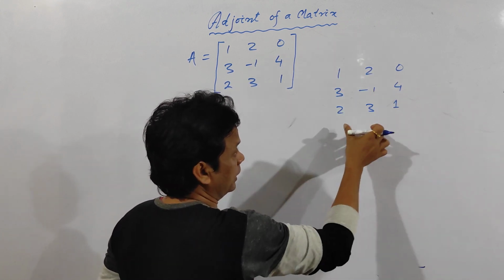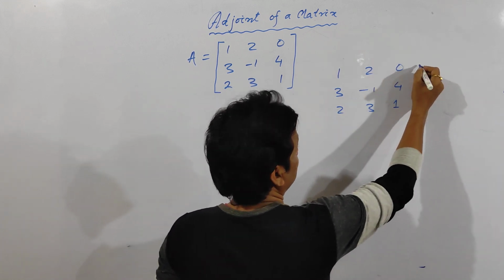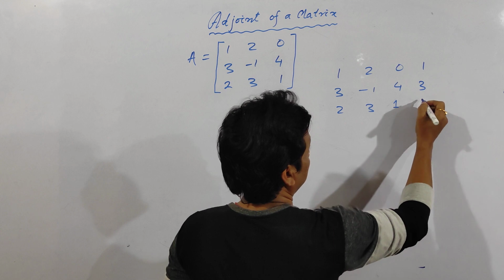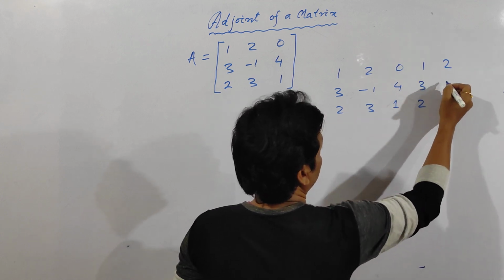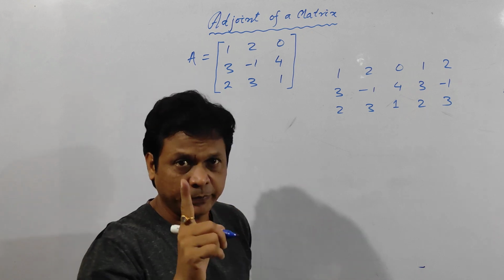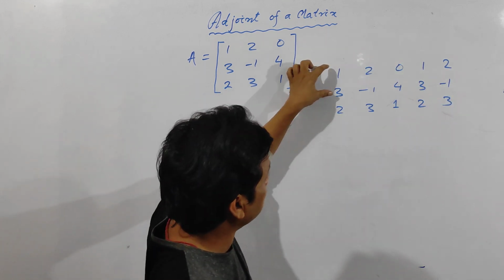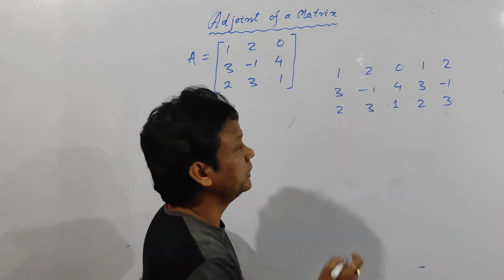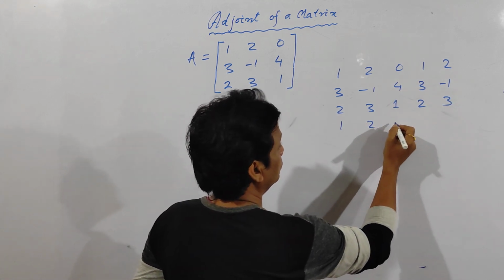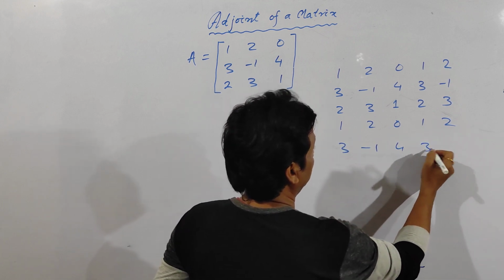Write the first two columns here. Simply repeat 1, 3, 2, 2, minus 1, 3. Now, your first step is to write the first two columns here. Then write the first two rows at the bottom: 1, 2, 0, 1, 2, 3, minus 1, 4, 3, minus 1.